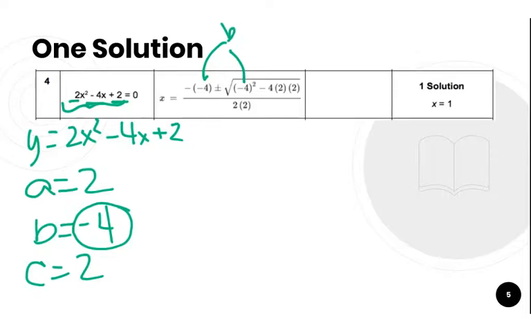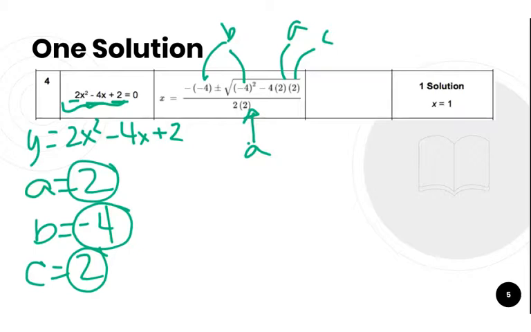Every time they had an A, remember this guy was an A, and this one over here was an A, they put in 2. And then here they put in C. So they put in everything they needed to. So now I'm just going to reduce that over here. Let me do that in red.